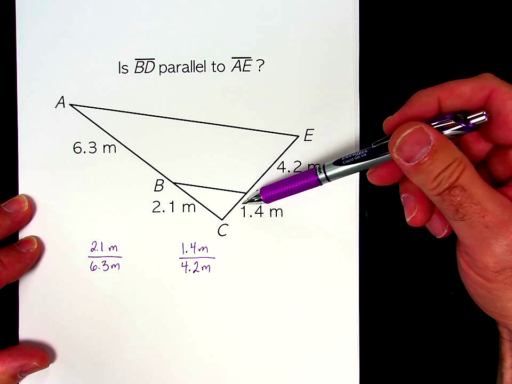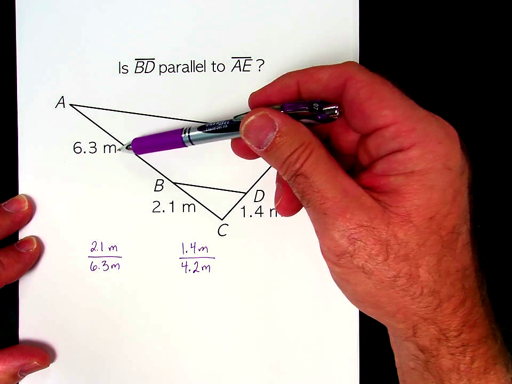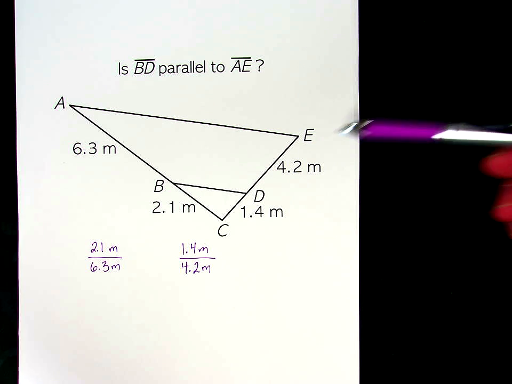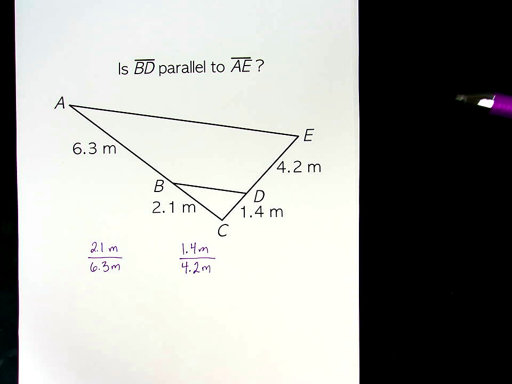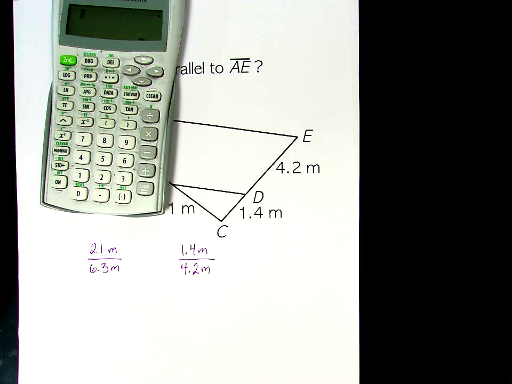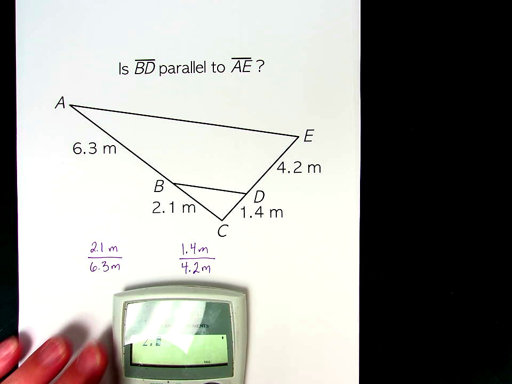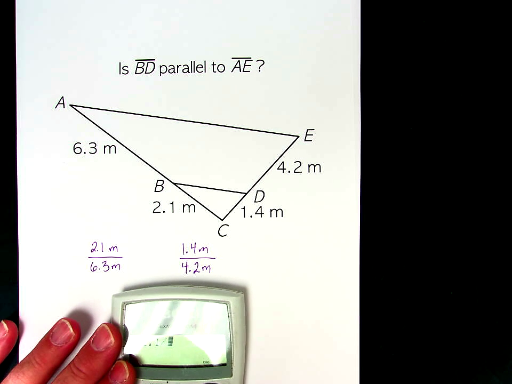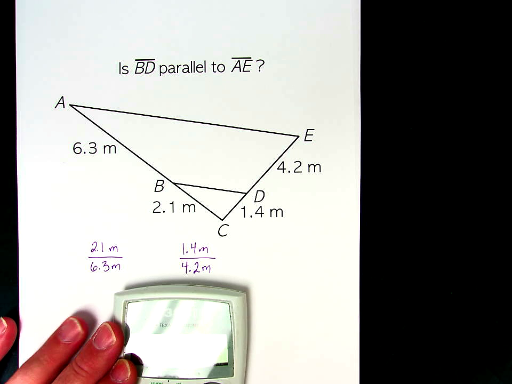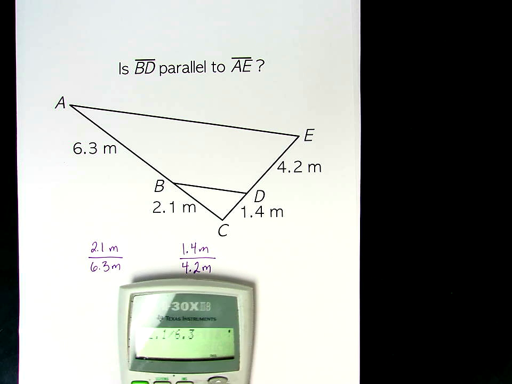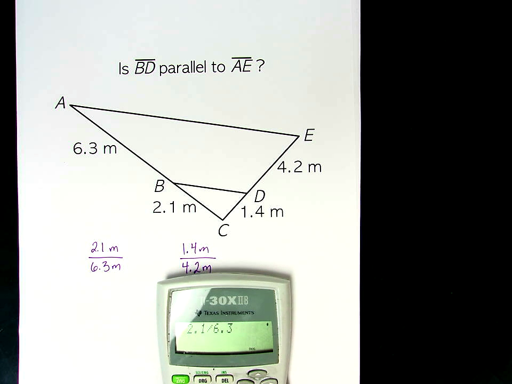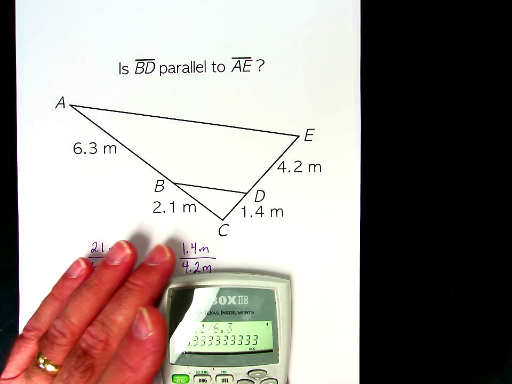Notice I could have also set up my ratios here to here as long as they were corresponding. So, on my calculator again, I'm going to take 2.1 divided by 6.3. I don't know if that's showing up on the screen there very well. Notice I get 0.3 repeating for that.